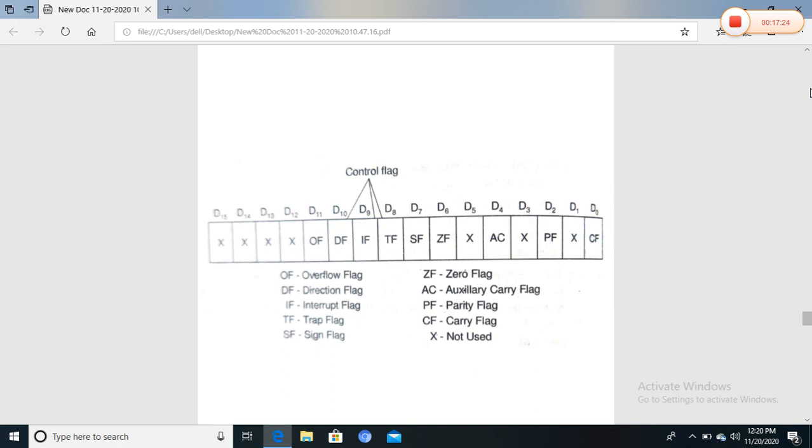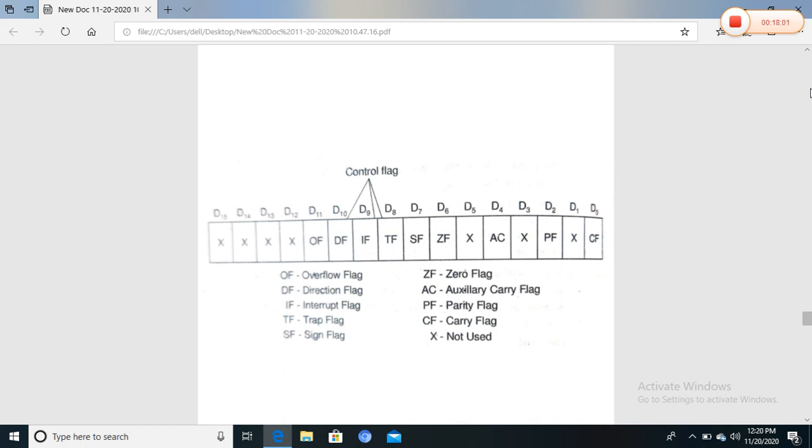Overflow flag, the OF flag. If the result obtained is beyond the limit, the processor is 16-bit, but if the answer is 32-bit or 64-bit, beyond the limit, then the result is said to be overflow, and the overflow flag is 1.